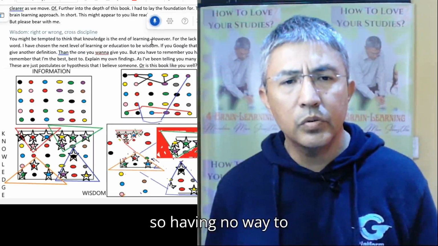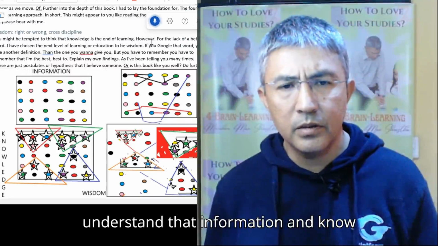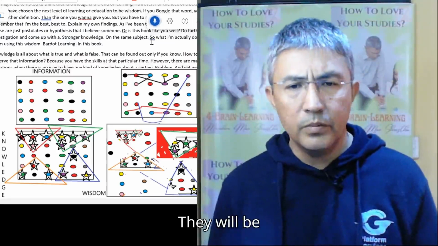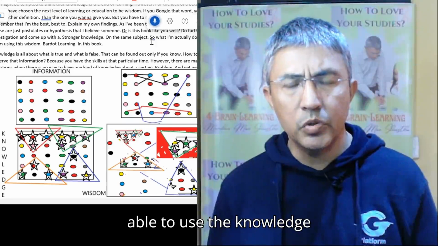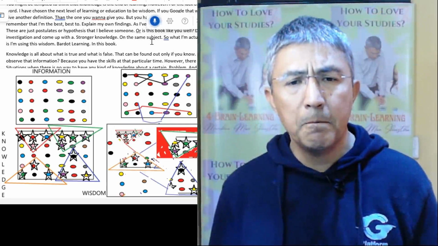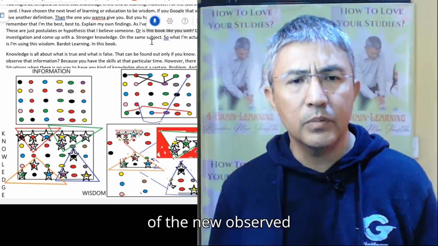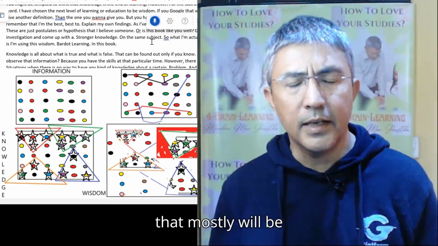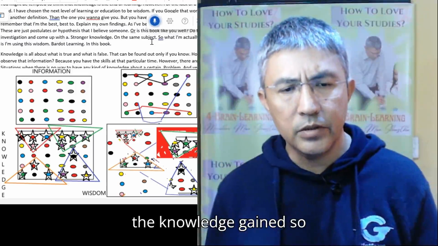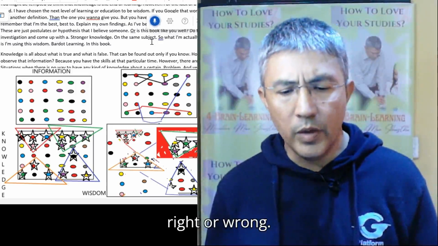So, having no way to understand that information and no skills, consequently, we need wise men. They will be able to use the knowledge from various fields to make an interpretation of the new observed information that mostly will be counterintuitive to the knowledge gained so far. So that one will be either right or wrong.